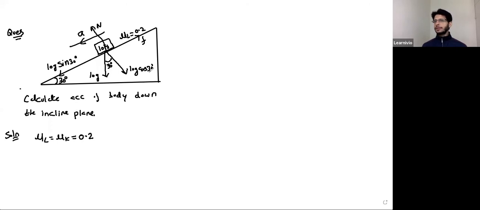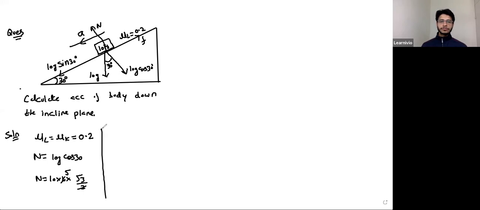Normal reaction balances the cos component of weight. You can write your normal reaction is 10 g cos 30. Cos 30 is root 3 by 2. It gets cancelled out. Normal reaction is 50 root 3 Newton.